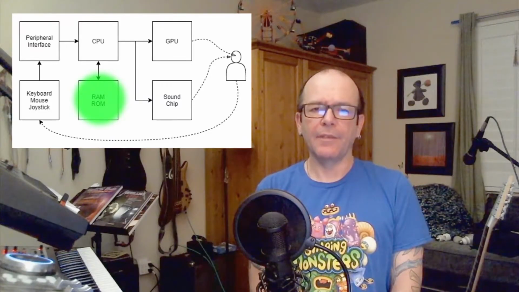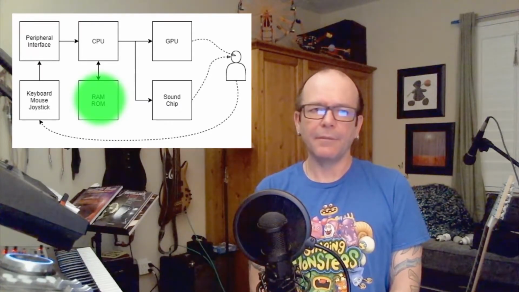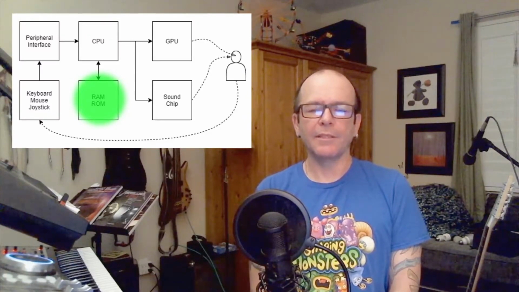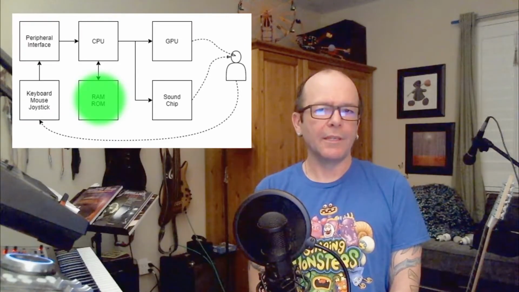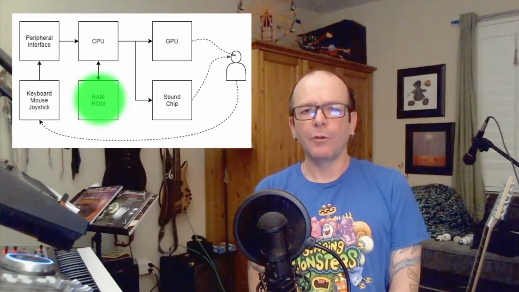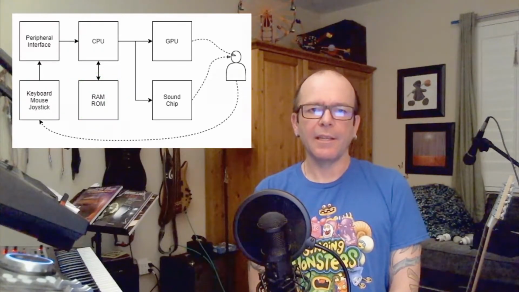And any other kind of data, like maybe if it's a game with enemies and they have hit points or attack strength, those types of things would all be stored in the read-only memory that could be accessed by the CPU at any time. So things that don't change basically get read from read-only memory.